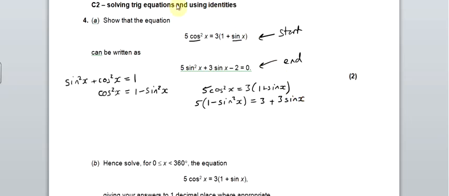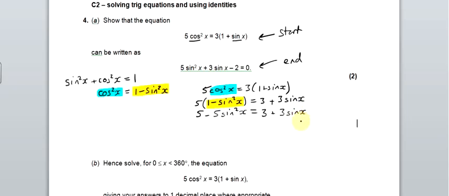Just in case you missed that, what I've done here is I've taken the cos squared x out and switched it, so I've switched the blue for the yellow. And now I'm going to multiply the brackets, so 5 minus 5 sine squared x, and so on.